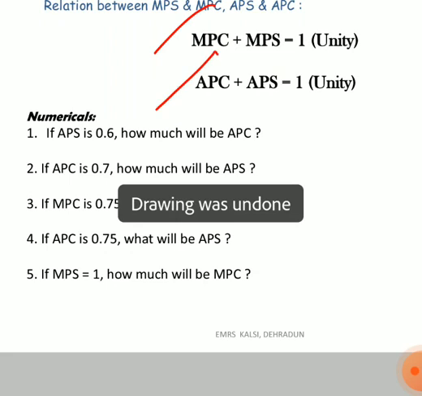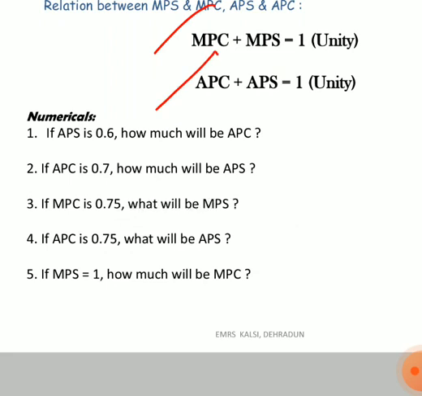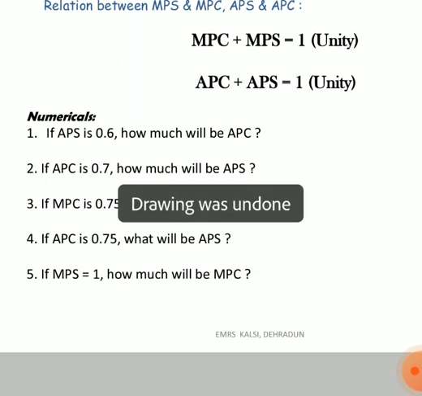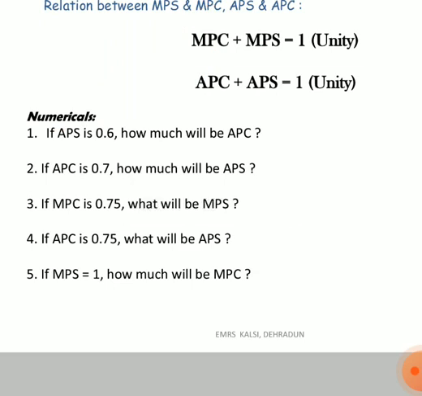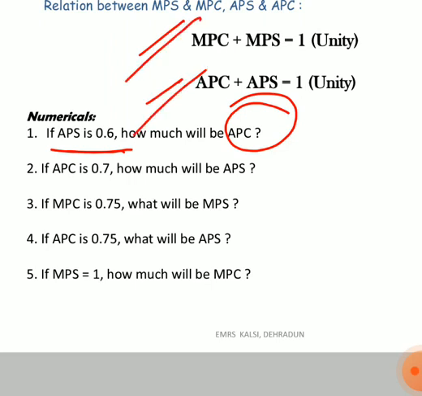This might come in your exam in numerical questions of 1 or 2 marks. Okay, so these are the numericals here. You can take a screenshot and practice them. If your APS is 0.6, you have to find APC. So here you have to use these formulas. These are the formulas and these are the relations also.